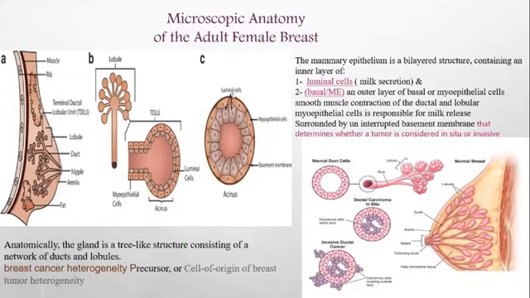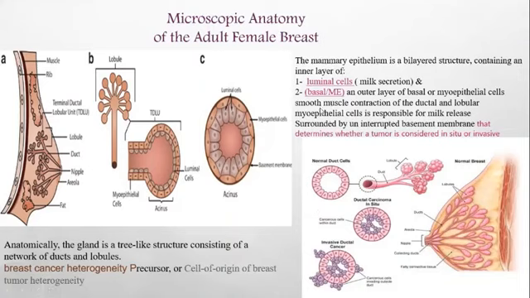And the outer layer is the basement membrane, which is not interrupted, and this determines the differentiation between in situ carcinoma, which does not pass outside the basement membrane, and invasive cancer, which infiltrates through the basement membrane.